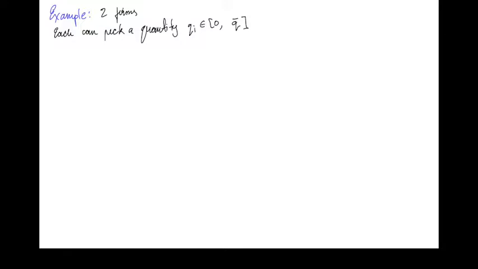The inverse demand is P of Q1 plus Q2. So the price they're going to get for their wares will be P of Q1 plus Q2.